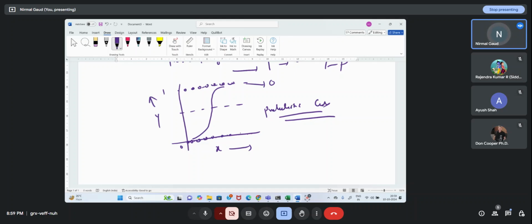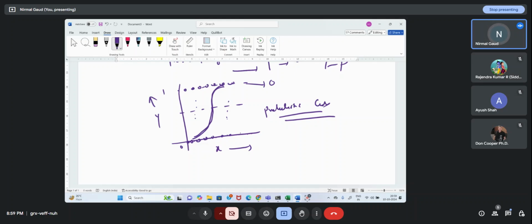It doesn't mean that, sir, you're talking about a decision boundary. So, sir, are the points present here? See, by this probabilistic curve, I am defining the relationship between the data points, dependent and independent.